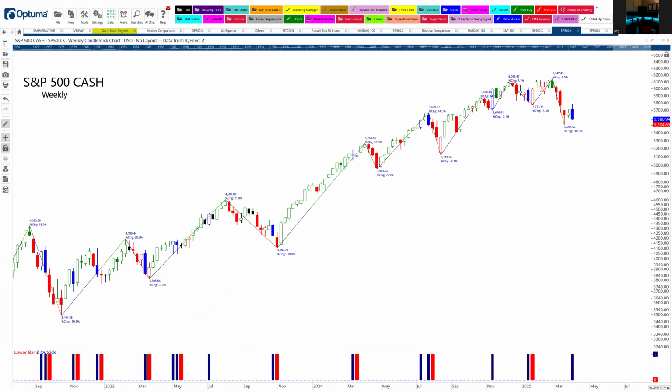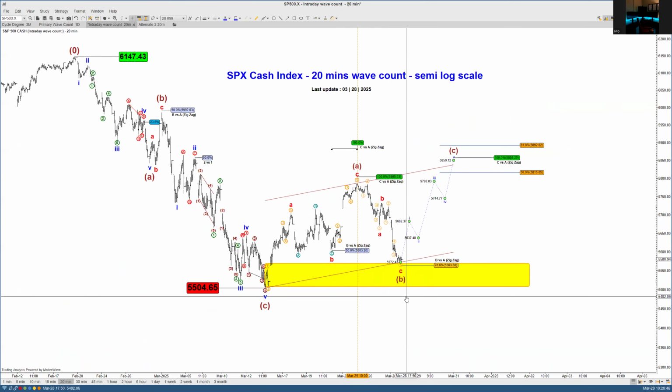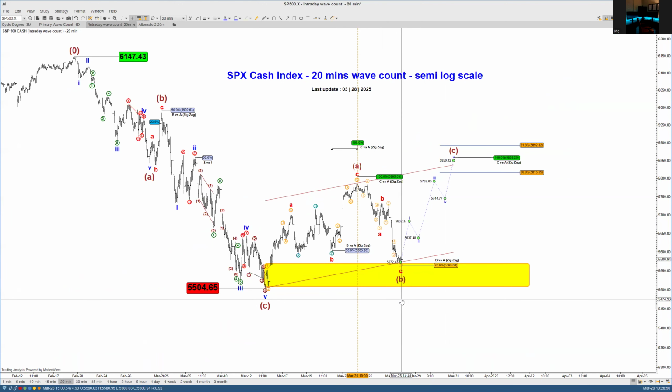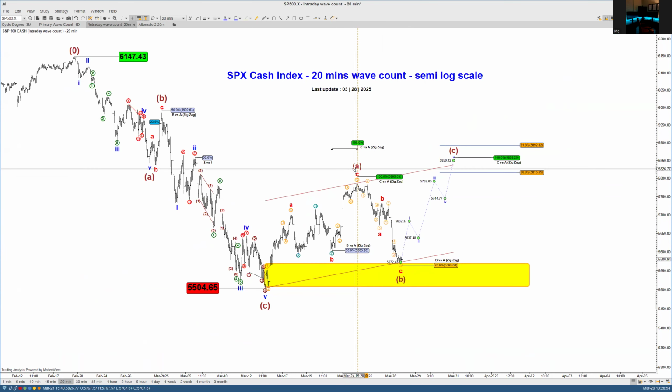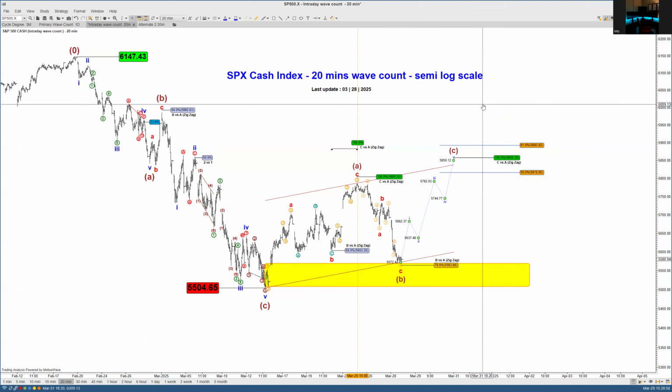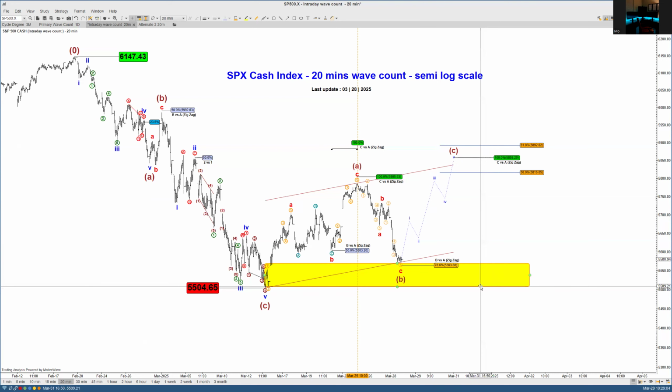In this case, if this happens, you can make a case of an expanded flat, meaning that this B wave comes down like this, and then it makes a reversal back in a C wave that becomes a flat. That's the possibility.